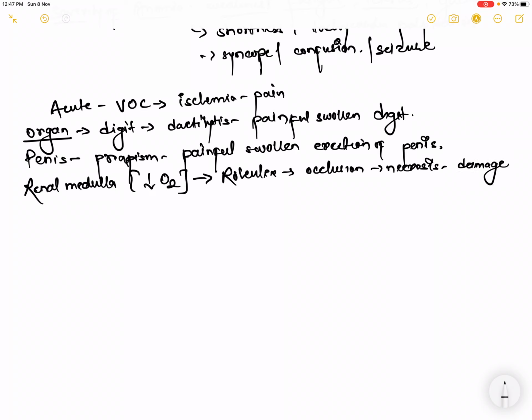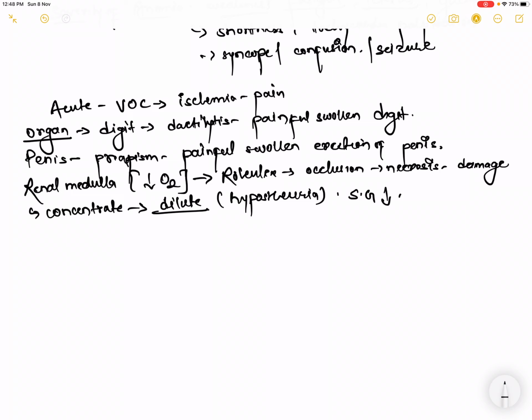So what is the function of the renal medulla? To concentrate urine. So will the urine be concentrated? No. So the patient will pass dilute urine, also known as hyposthenuria. So its specific gravity will decrease. The next thing that can happen is the patient can have hematuria due to necrosis, so RBCs in urine.